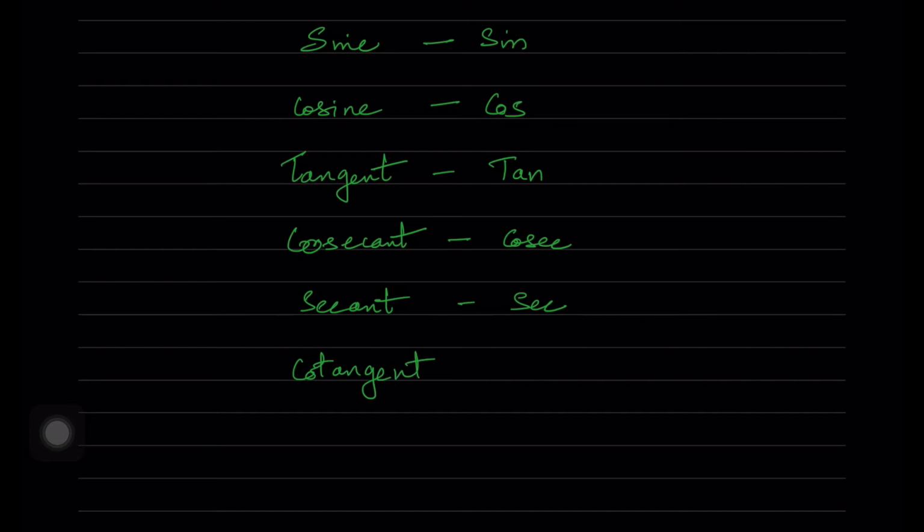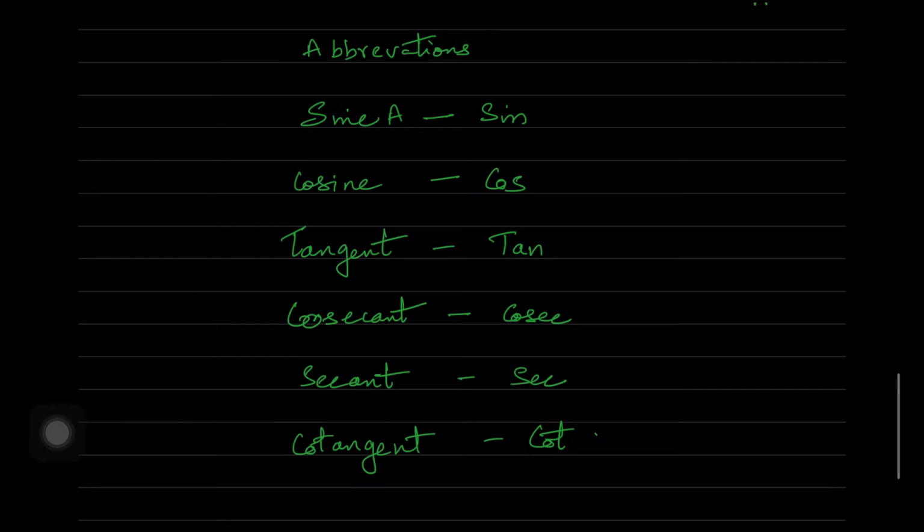Now, how do we write each of these in terms of the other trigonometric ratios? Sine A, cosine A, tangent A, cosecant A, secant A, cotangent A, all these we are writing with respect to A.